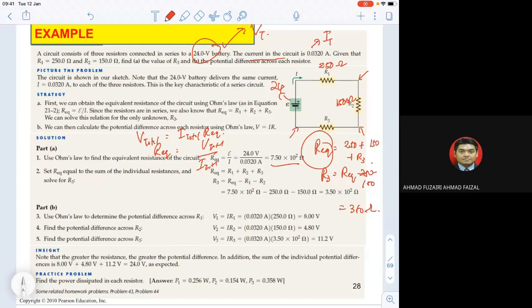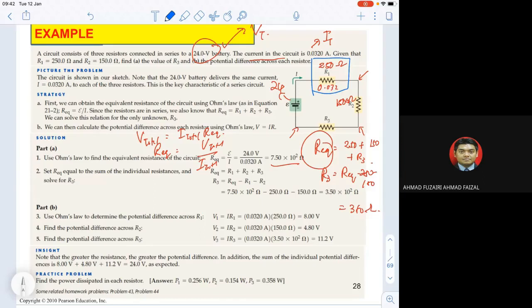You already know that I will flow through R1, R2, and R3, and I will be the same value because there is no junction at all. So I will be 0.032, times 250, times 150, and times 350.